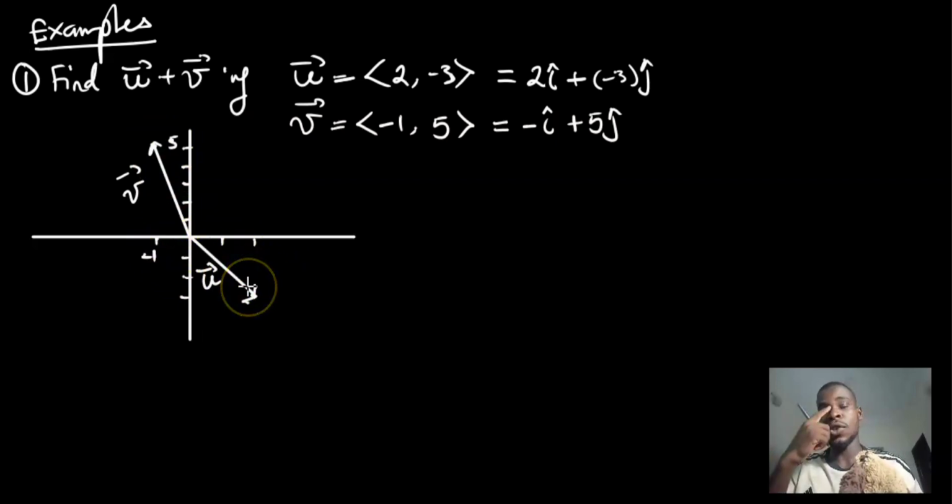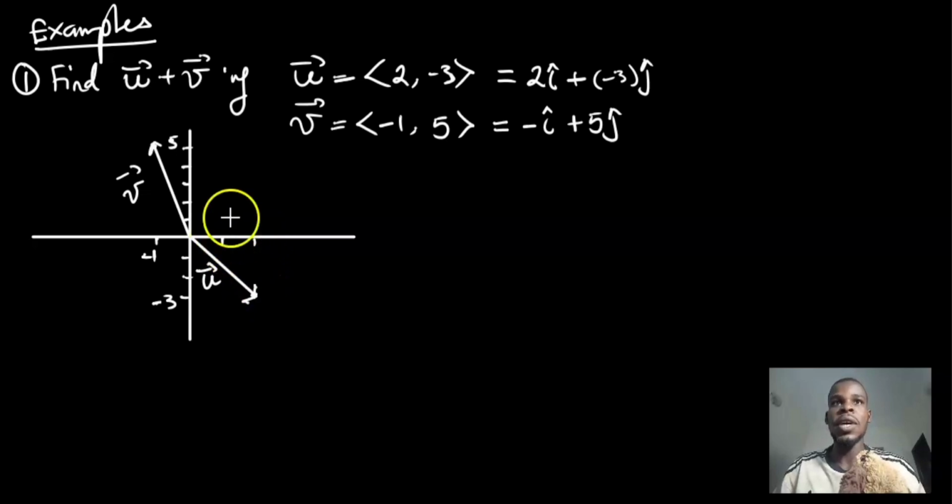Good. So if you start vector v at the terminal point of vector u, we're going to go in this direction, and we're going to make sure we move 5 units upwards in the y direction, and then negative 1 unit backwards, right?